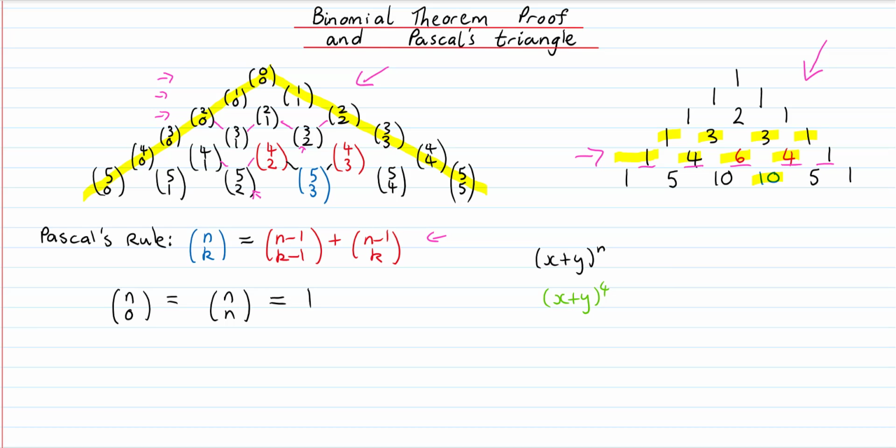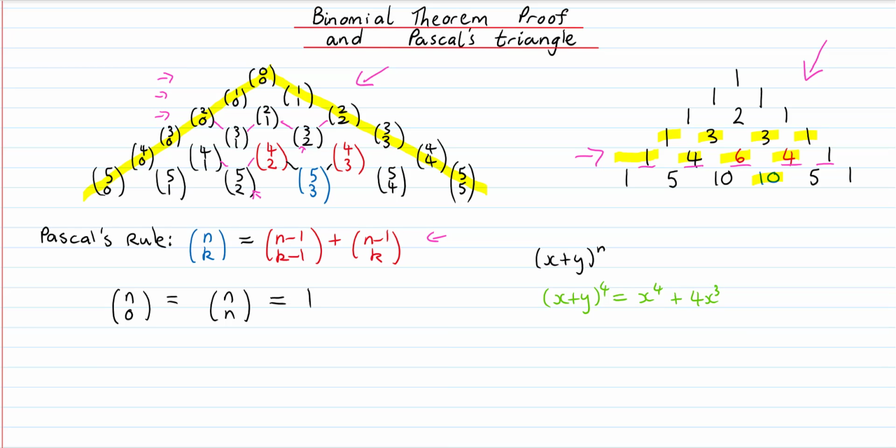So that means that x plus y to the power of 4 is equal to 1 times x to the power of 4. So it's just x to the power of 4. So that's because we're thinking of this as choosing none of the y's. Then our next term, our coefficient is 4, so we're going to have 4 times x to the power of 3.